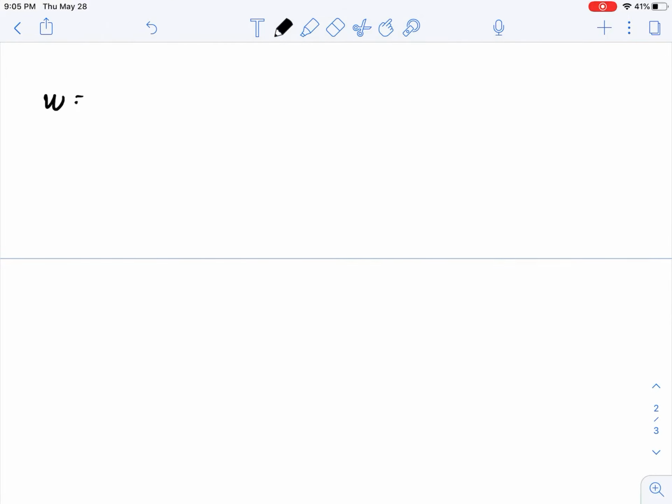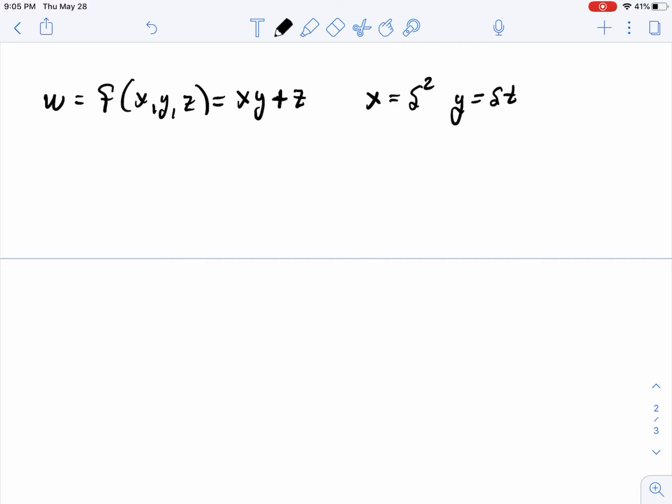All right, so let's use an example here. So let's say we have w equals f of x comma y comma z, and let's say my function is xy plus z, and my x is s squared, my y is st, and my z is t squared.